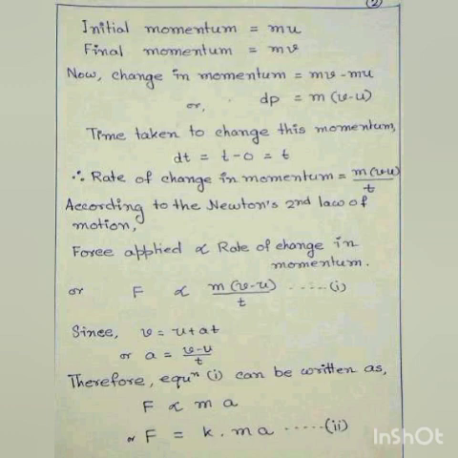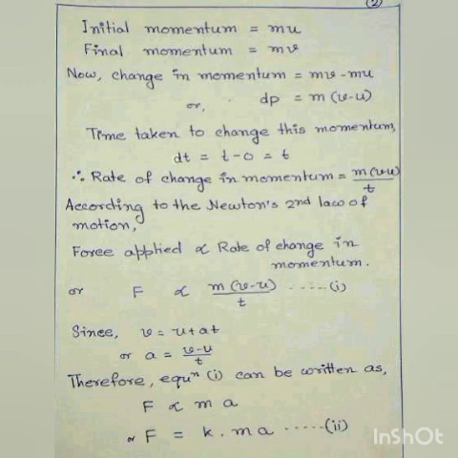Now what is the rate of change in momentum? Actually rate of change of any physical quantity is the amount of change during unit interval of time. So for this amount of change of momentum, time taken is equal to t minus 0, that is t.